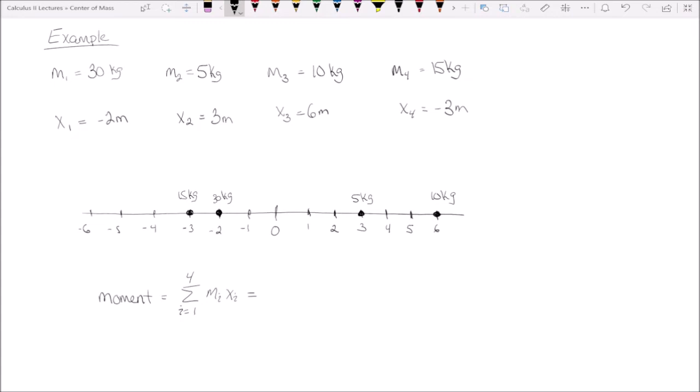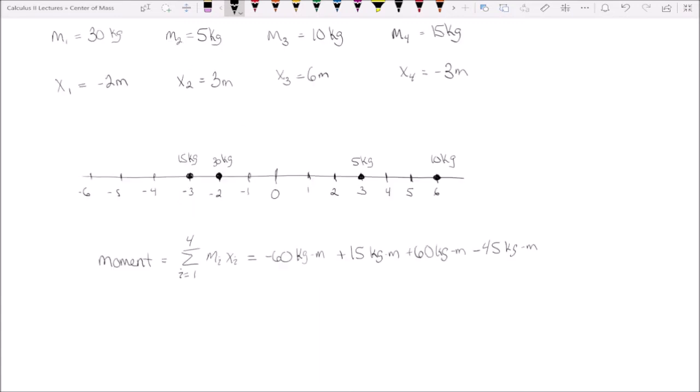So we get -2 times 30, which is negative 60 kilogram meters, plus 15 kilogram meters, plus 60 kilogram meters, then minus 45 kilogram meters.